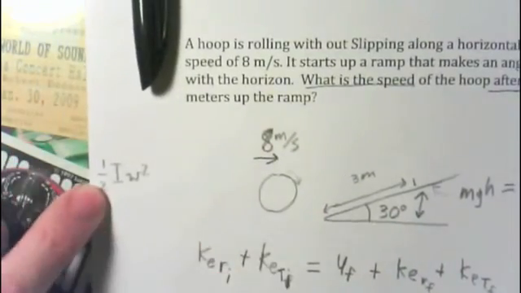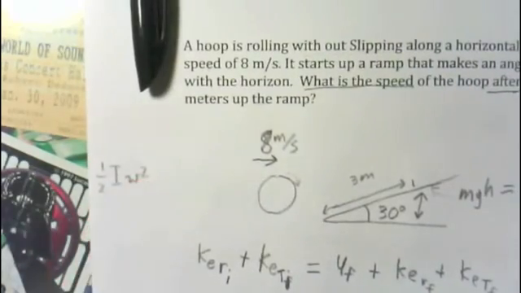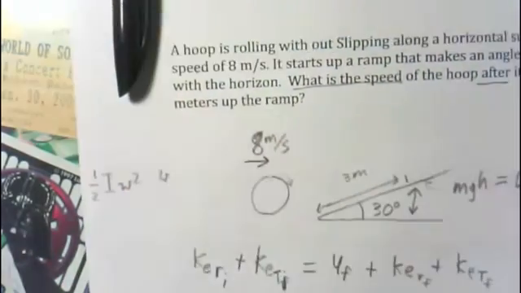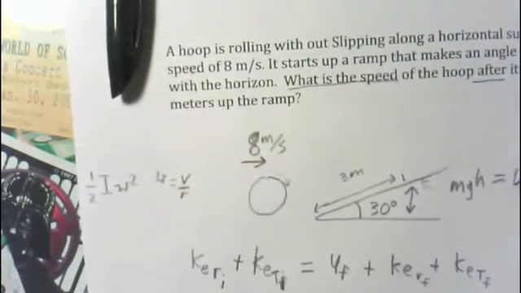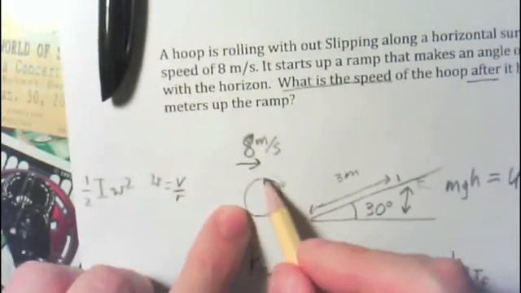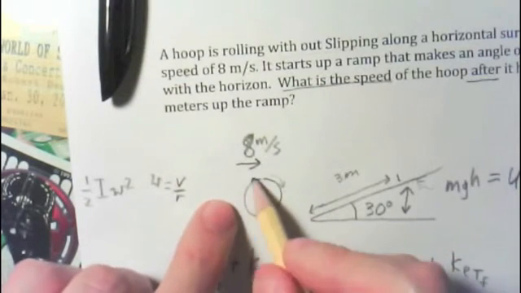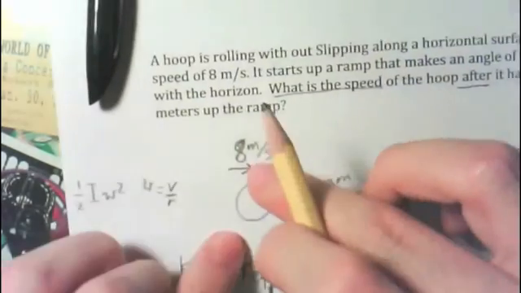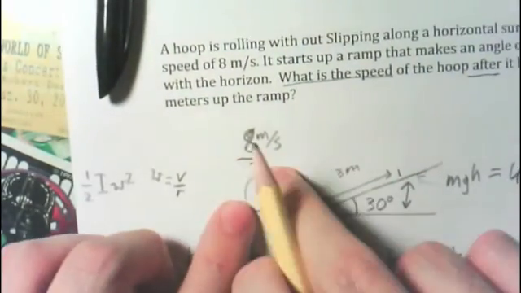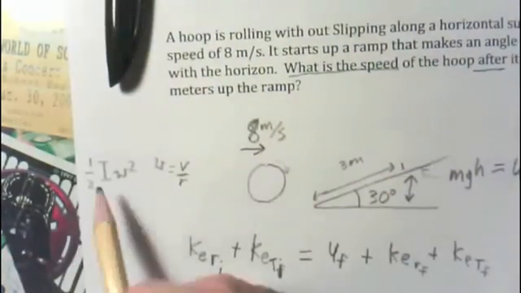So we have 1/2 the moment of inertia, omega squared. We know that omega is equal to the velocity over the radius, and that's just because for every rotation it's going to end up going whatever the distance of the circumference is, so it's dependent on the radius. So every time it rolls one rotation, we end up going one circumference along the track.